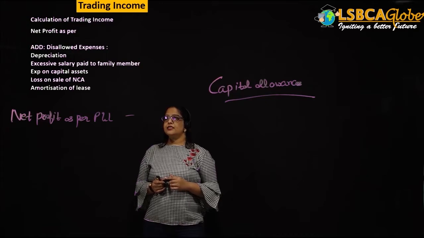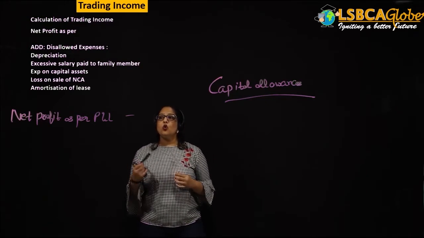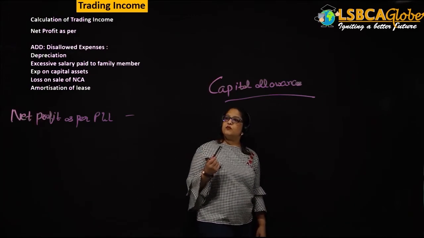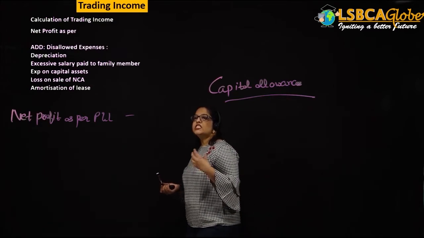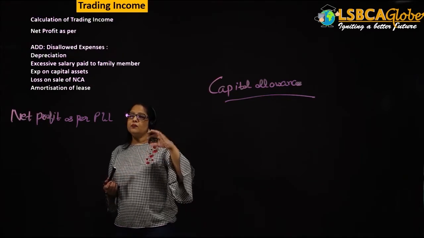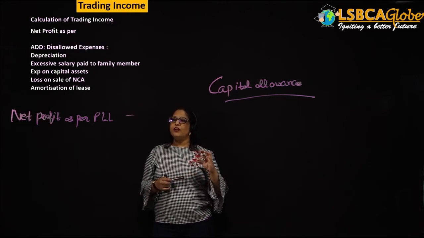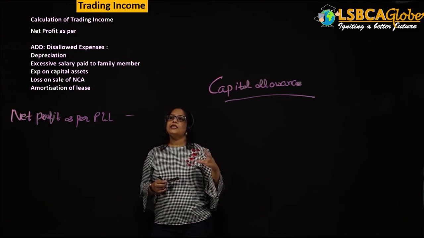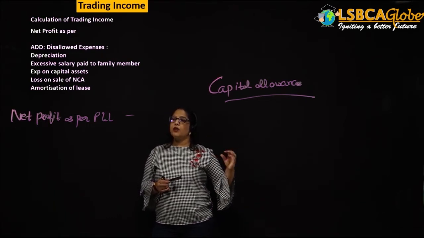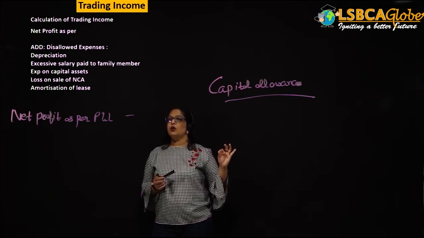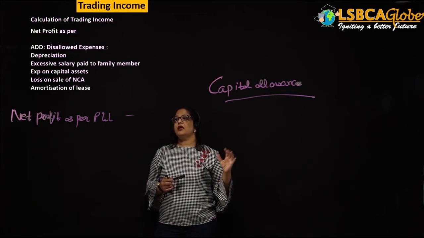Expenditure on capital assets. Now class, it's a trading income format, so you will take only those expenses which are revenue in nature. If any expenditure is capital in nature, just add it back. For example, expenditure on capital assets: add it back because it is capital in nature. It is not deductible as an expense in trading income.